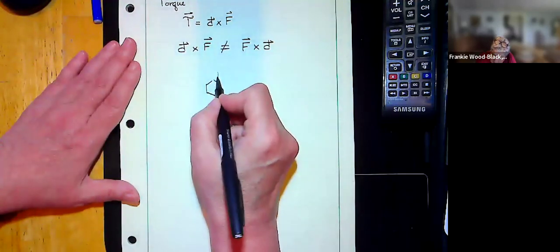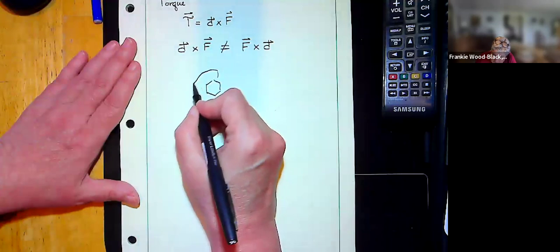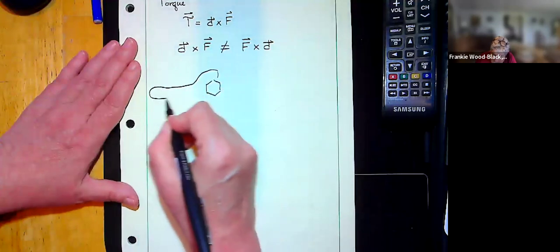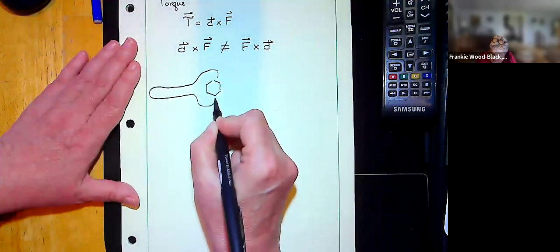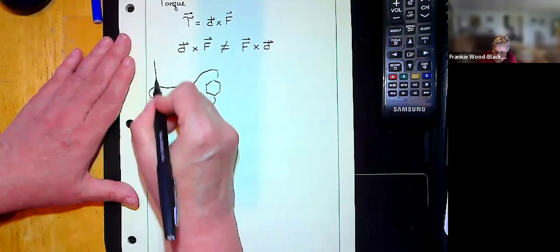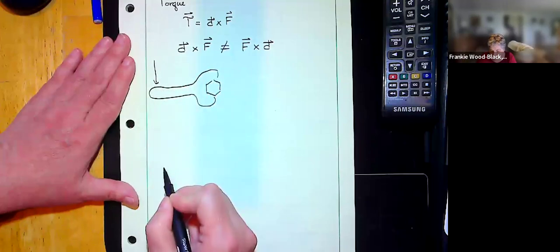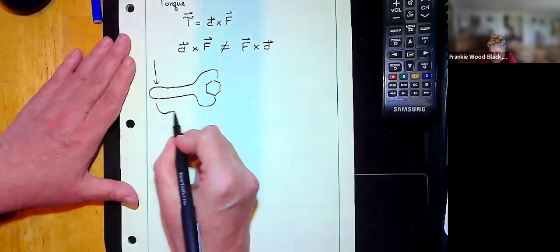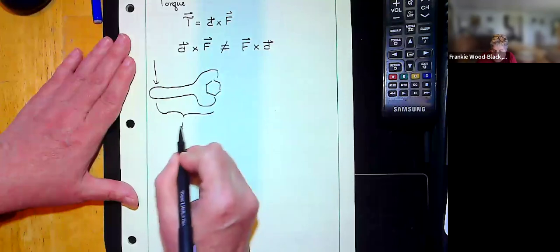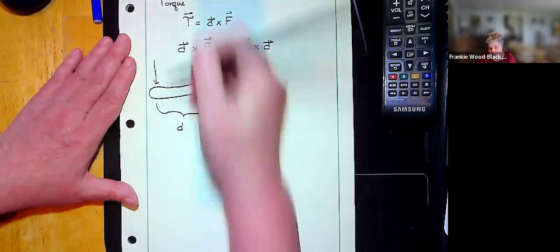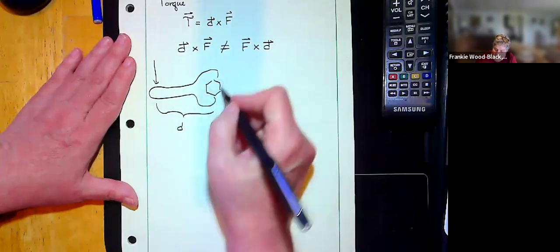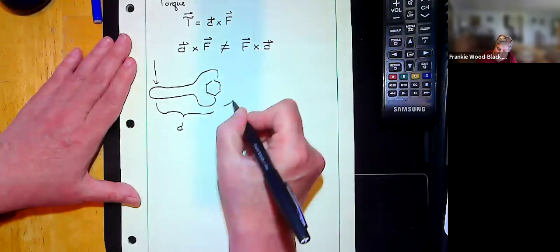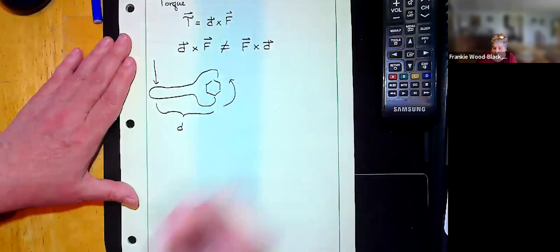And I have a wrench. There's my wrench. And if I apply a force to my wrench, and this is my distance away, if I'm applying my force this way, I am going to get a rotation in that direction.